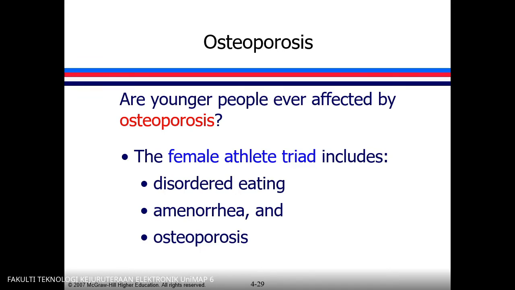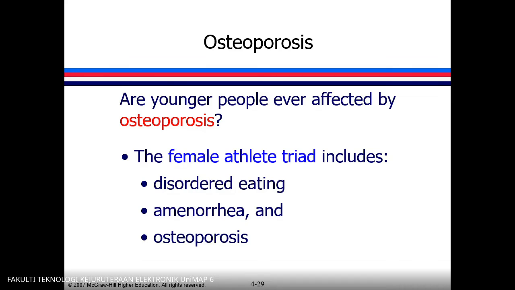Apa maksud amenorrhea? What is the meaning of amenorrhea? Apa maksud dia? Ada yang tahu? That is related to woman, no period. Maksudnya period tak datang. Faham tak? Faham ke apa maksud saya period tu?